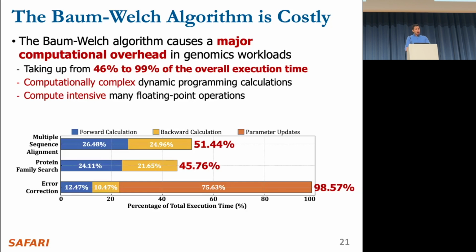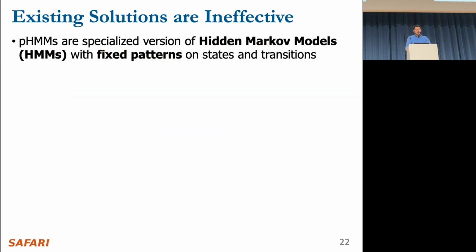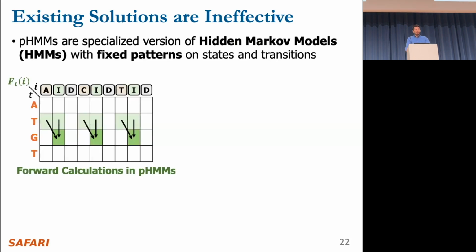many floating point operations. And if you are familiar with hidden Markov models, you might have already noticed that PHMMs are a specialized version of hidden Markov models with some fixed patterns, with some locality in the connections of states and transitions. You might ask, could we use HMM accelerators to also accelerate these types of applications?